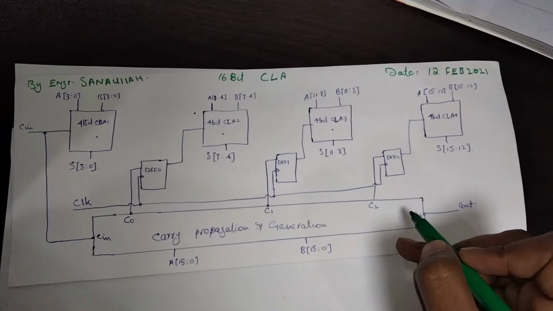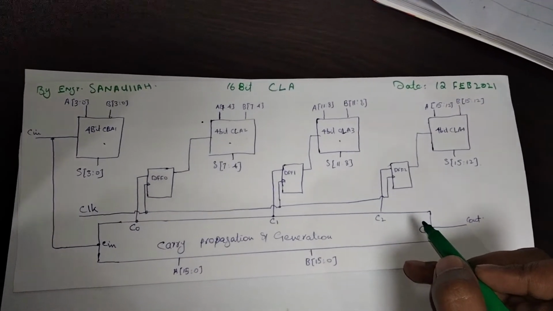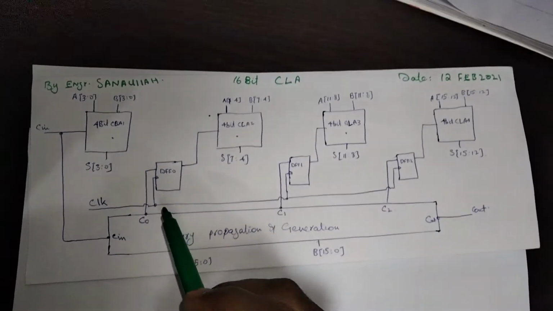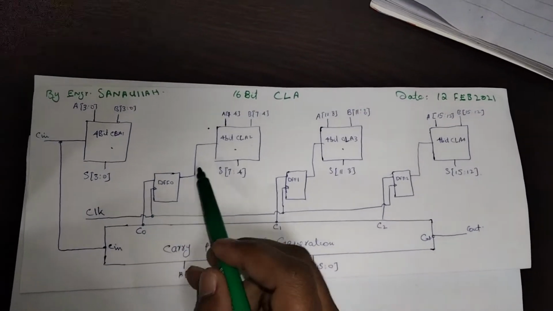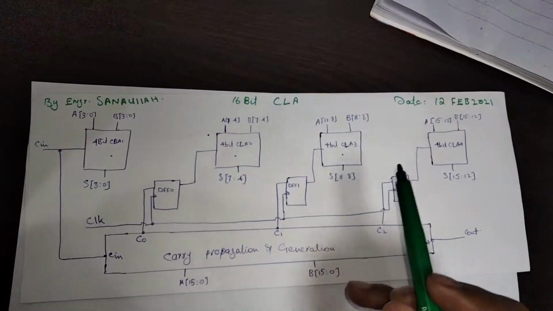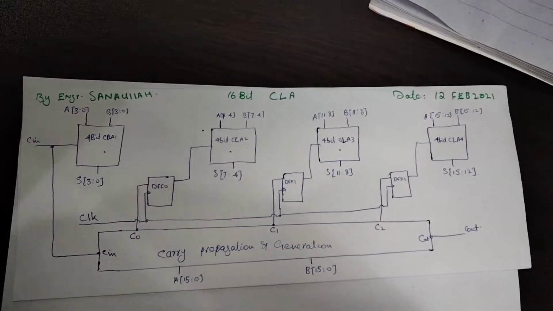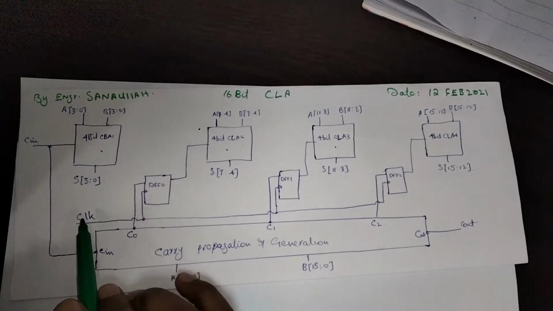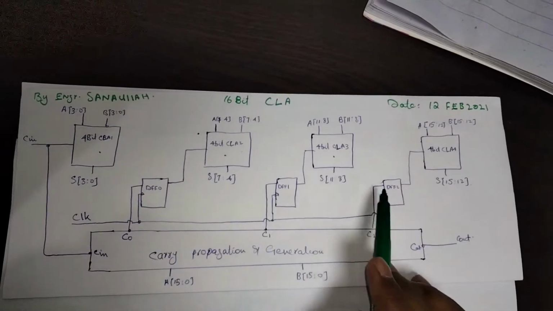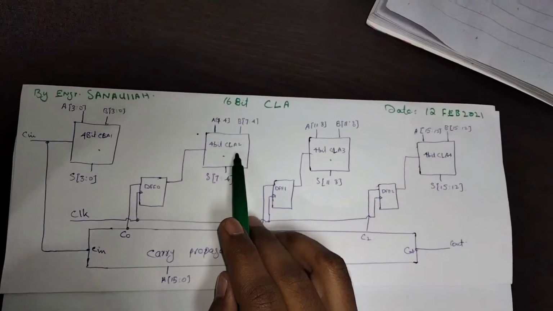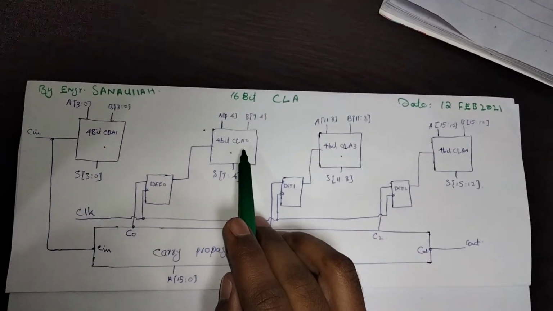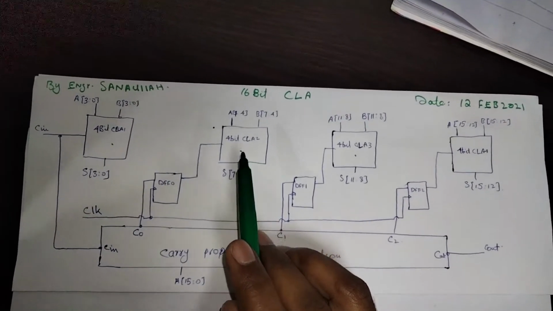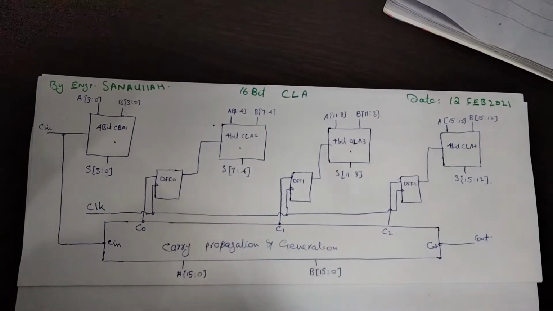So basically this circuit generates carry in advance, and these carries will be fed into the 4-bit Carry-Look Adders simultaneously. At the first clock, all these flip-flops will feed in carry in this. So this will reduce the gate level delay.